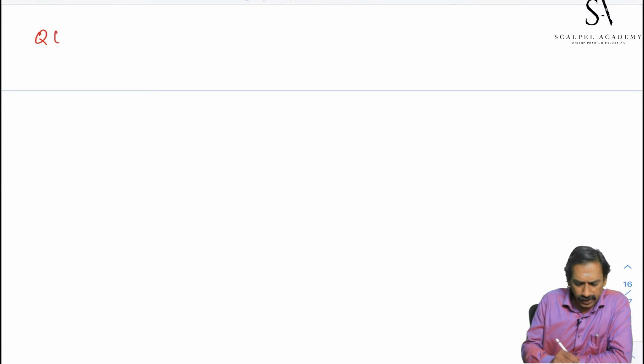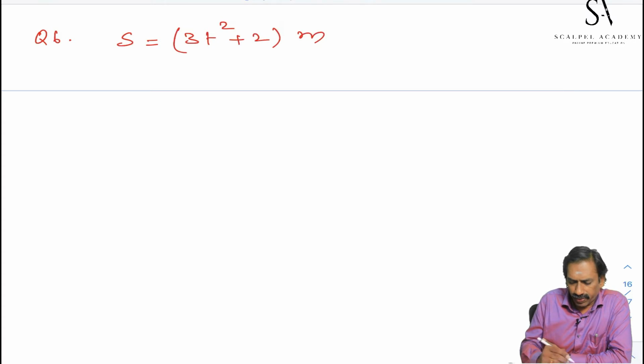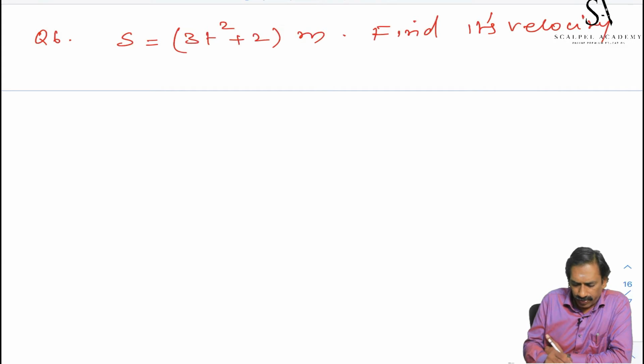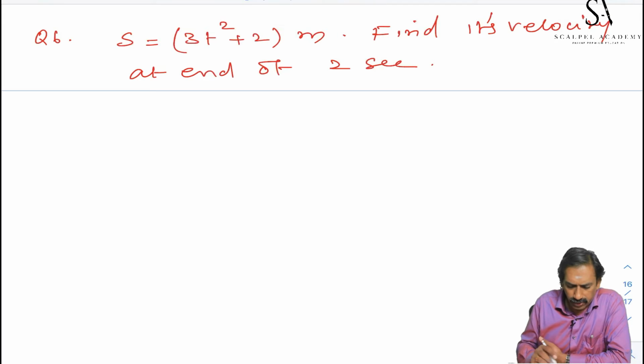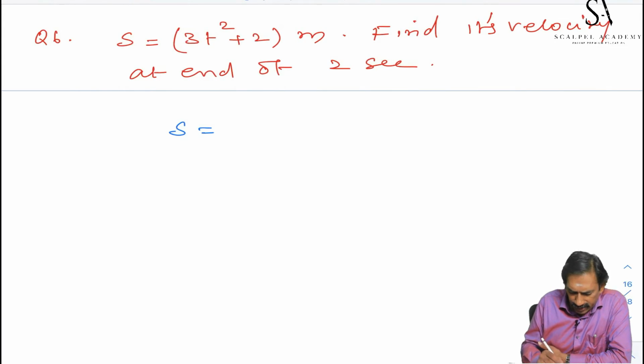Problem, let us pass on to the sixth problem. Displacement of a particle is given as 3t square plus 2 meter. Find its velocity at the end of 2 seconds. This is the question. So, displacement as a function of time is given 3t square plus 2.